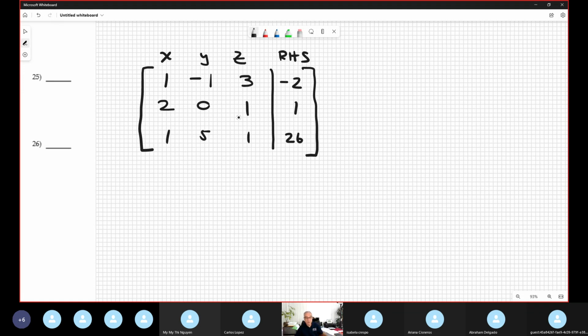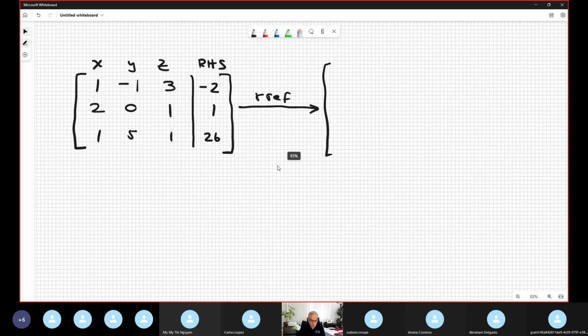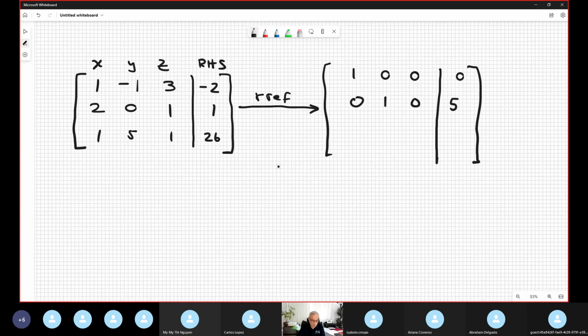When you perform the famous algorithm reduced row echelon form, you get that. 1, 0, 0, 0. 0, 1, 0, 5. 0, 0, 1, 1.